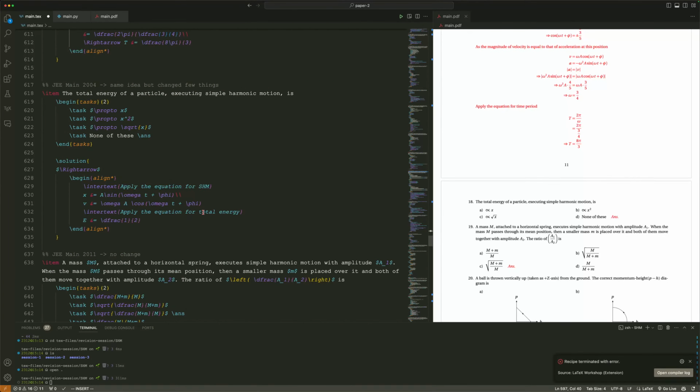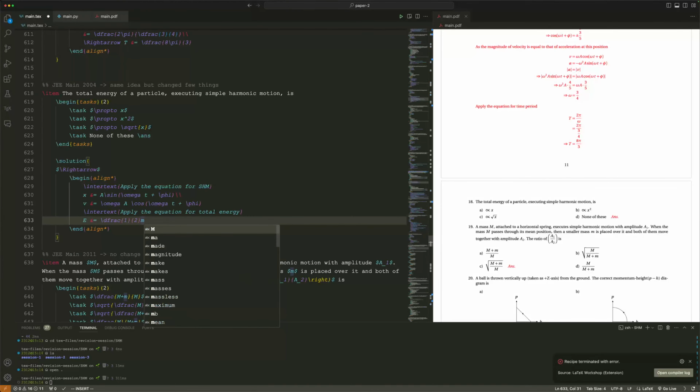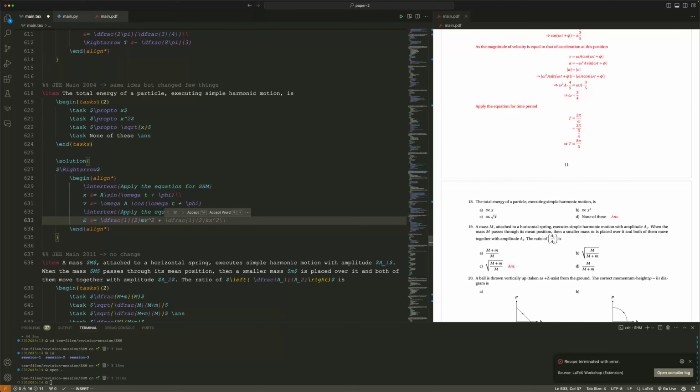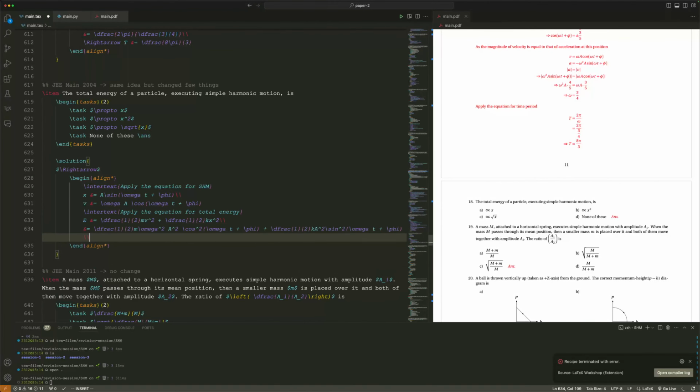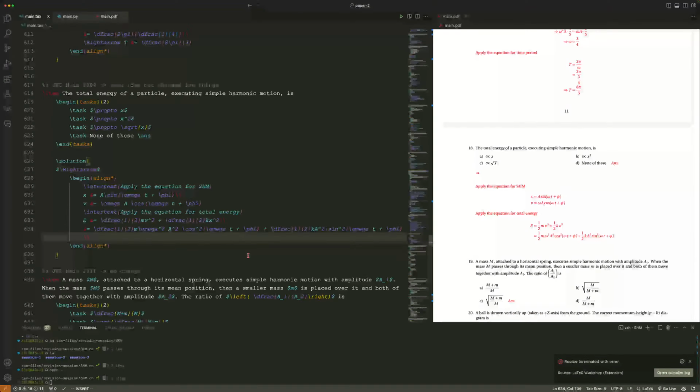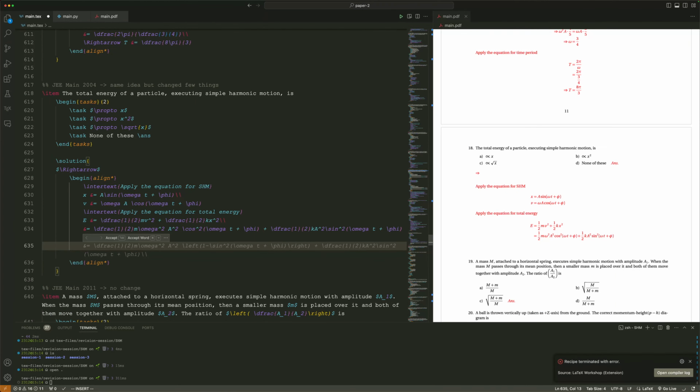Okay, where were we? Half m v square plus half k x square. Let's run it first and see what it renders. Yes, so as you can see, now we can say energy.